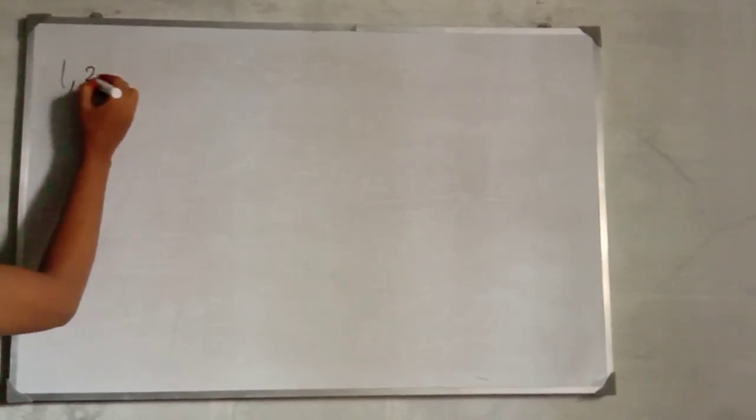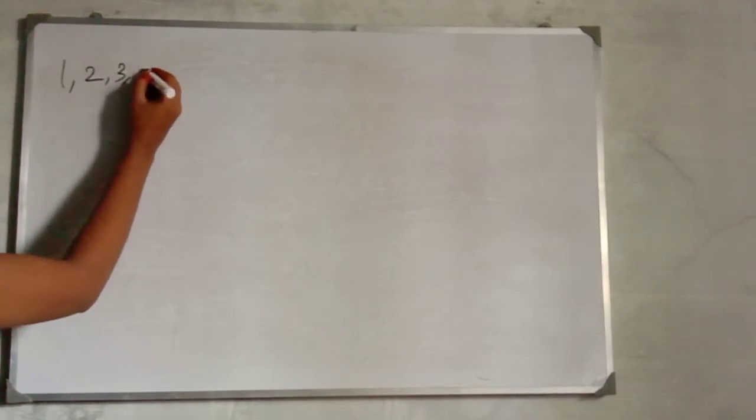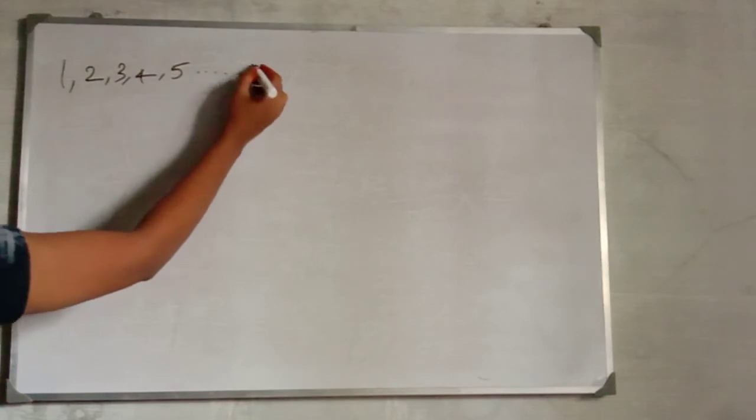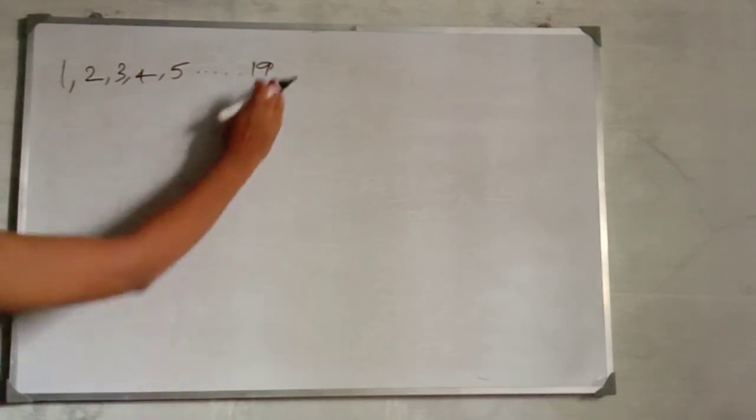Now, next question is: find the unit digit in the product of 1, 2, 3, 4, 5 up to 19.